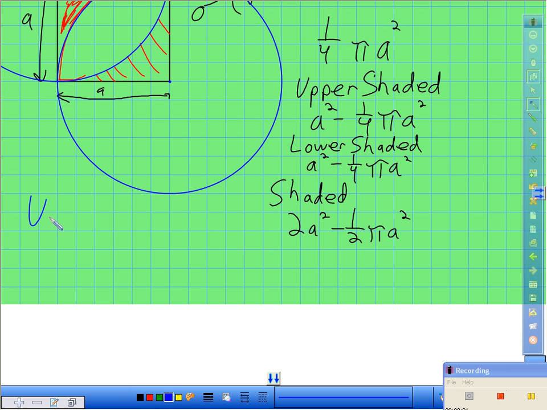So the unshaded area is going to be A squared minus 2A squared. Now I'm going to distribute that negative in, okay, because I'm subtracting A squared minus that whole thing. All right, so that becomes plus 1/2 pi A squared.